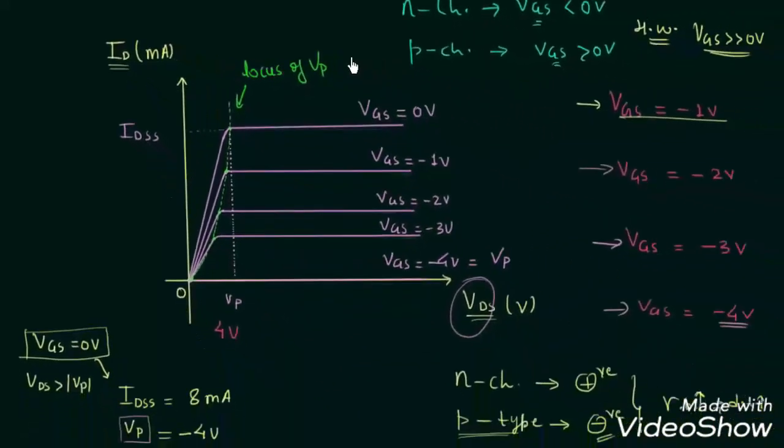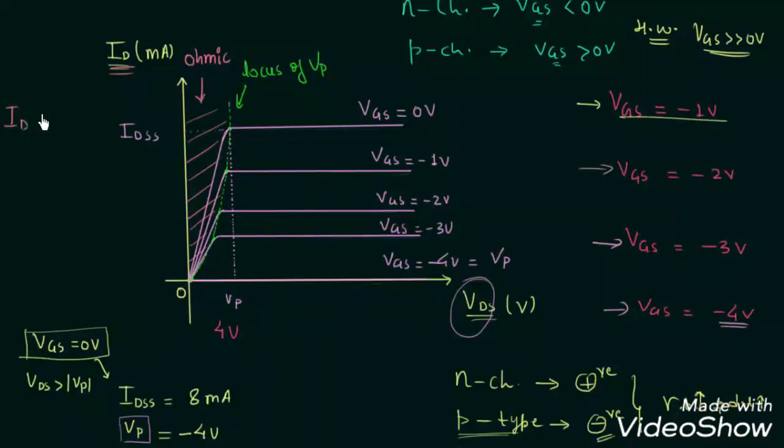Now I will explain different regions in this output characteristics. This region here is the ohmic region. We are calling it the ohmic region because you can see current ID and VDS have a linear relationship.